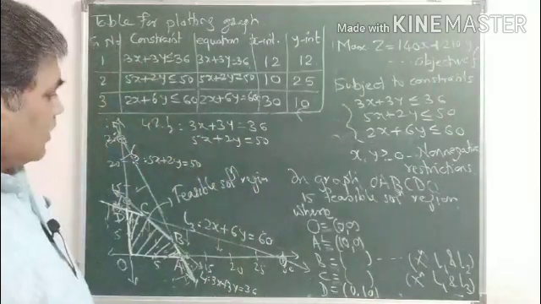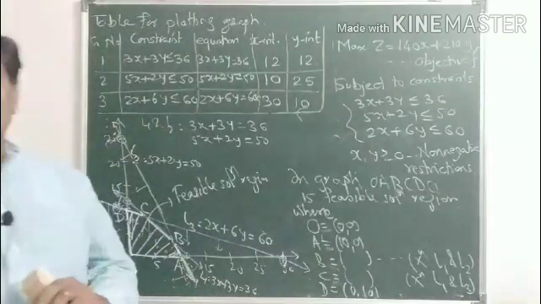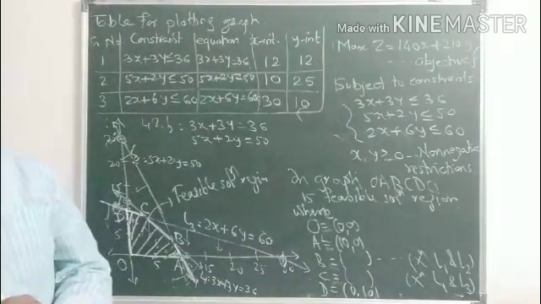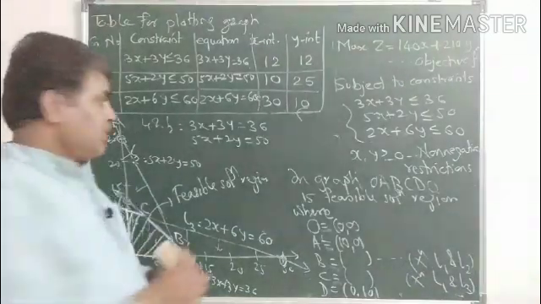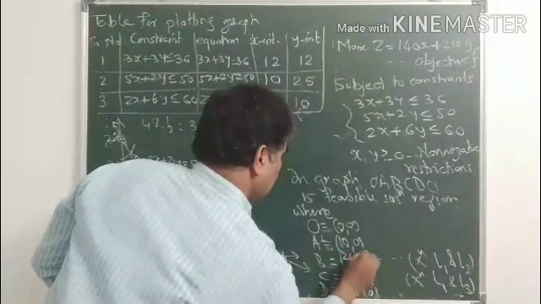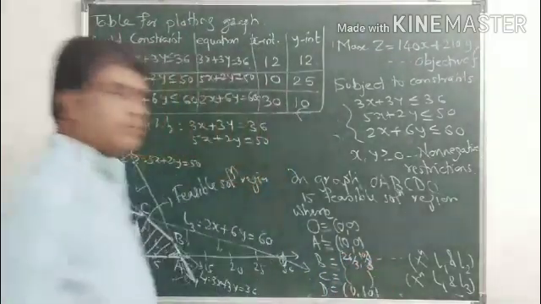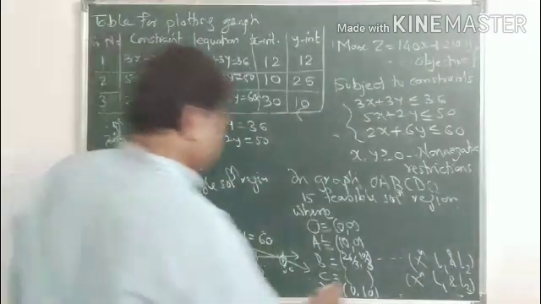Then I will get the value of B as 26 by 3, 10 by 3, and C to be 3, 9.